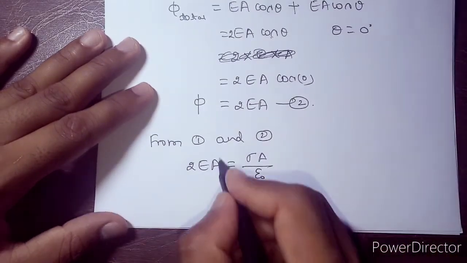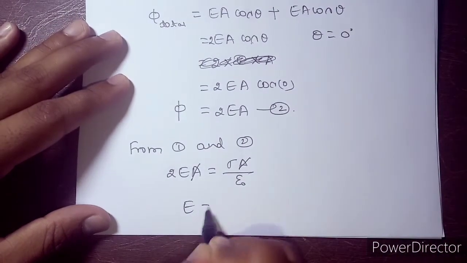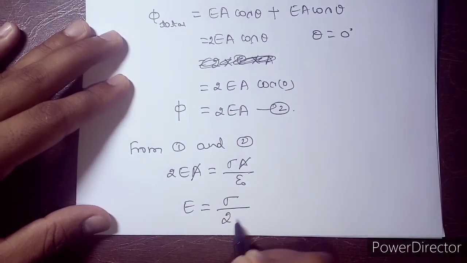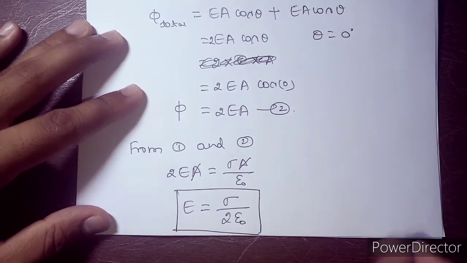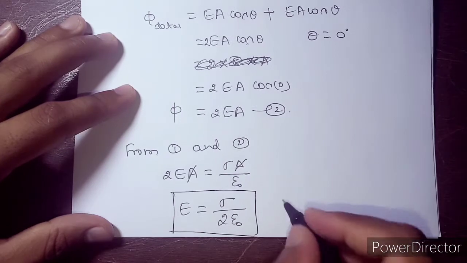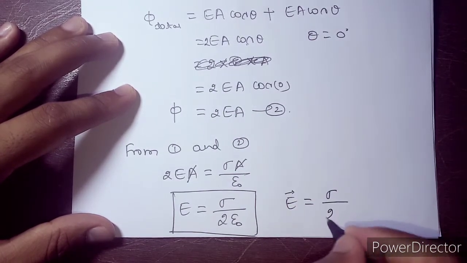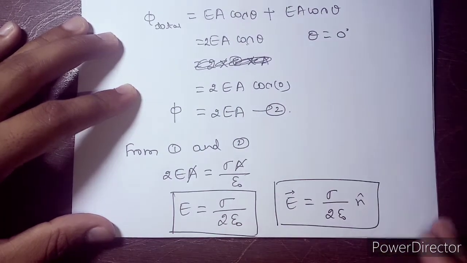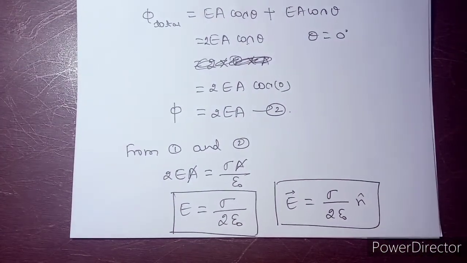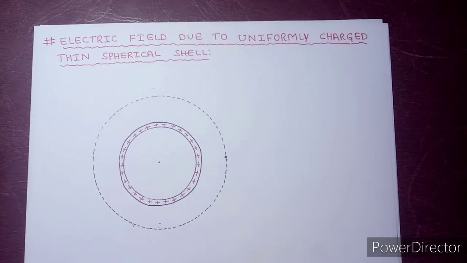So here A will cancel out, so we'll have E is equal to sigma divided by 2 epsilon naught, or in vector form it is given by sigma divided by 2 epsilon naught into unit vector. Okay, so this is all about this. Thank you. So we have the third application of Gauss law.